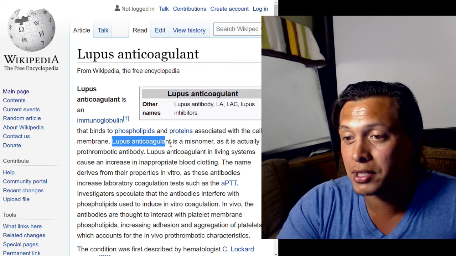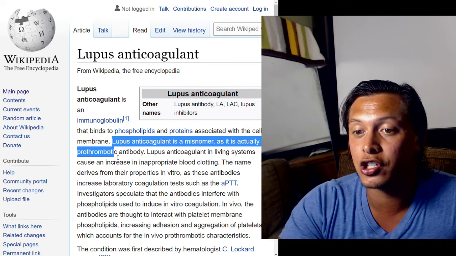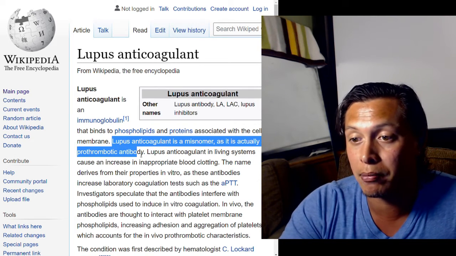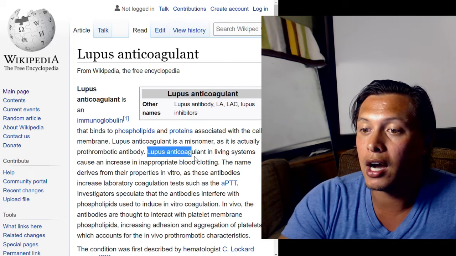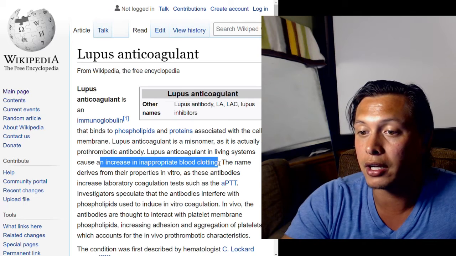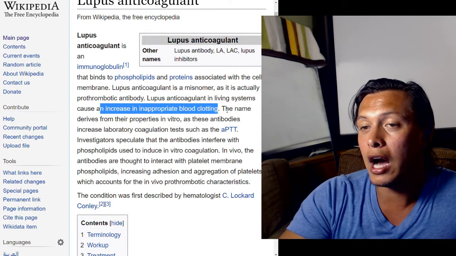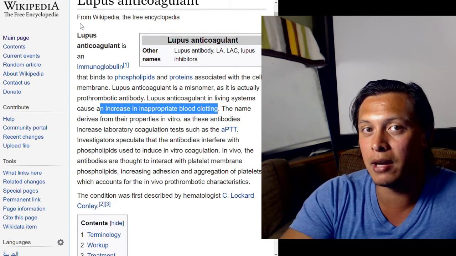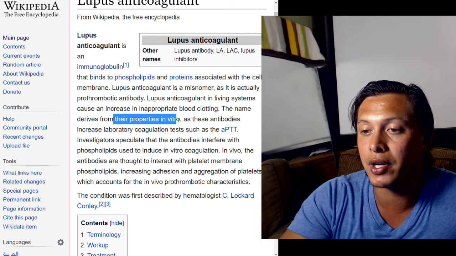And here they say lupus anticoagulant is a misnomer and actually has prothrombotic activity. Lupus anticoagulant in living systems causes an increase in inappropriate blood clotting. This is where the name is confusing. The name derives from the properties in vitro.